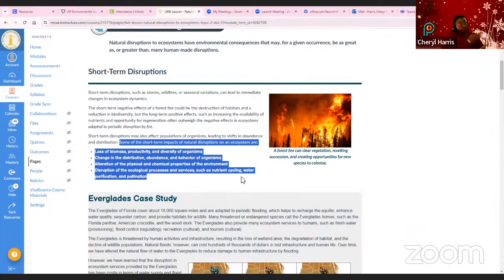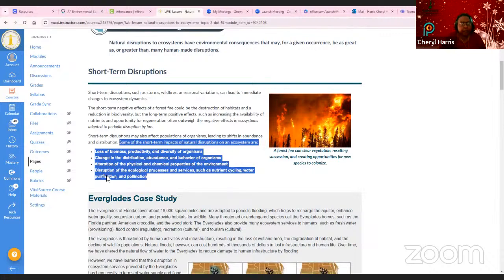If you have a flood, it's going to take away the topsoil. That event was short-lived, but the aftermath is I can't grow crops. I can't raise cattle here. So those are lingering disturbances from a short-term event.